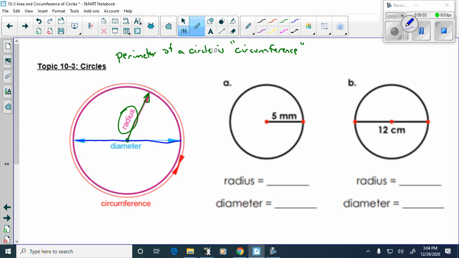As long as you went through the center, the diameter is all the way across. It's the longest way across the circle. And from the center to the edge is called the radius. So for example A, the radius here is 5 millimeters, which means the diameter is going to be 10 millimeters. And likewise on B, if the diameter is 12 centimeters, then that would make the radius 6 centimeters.